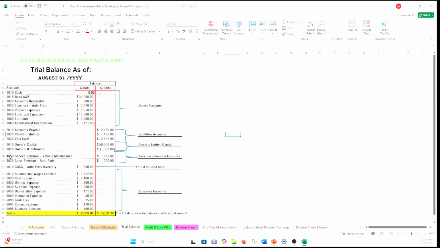And also you have here the revenue and all the accounts that belong to the income statement or profit and loss.